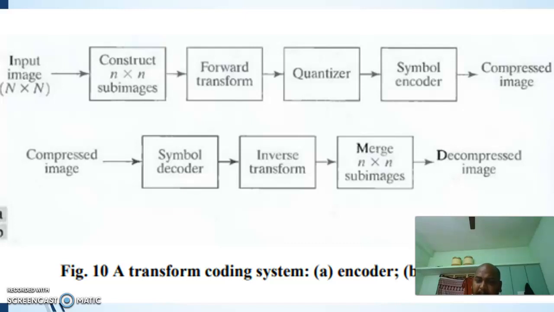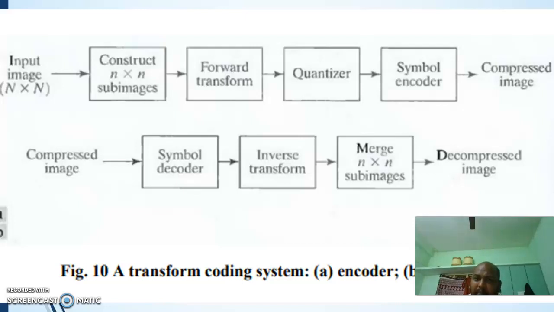Then after applying the transformation, to reduce the size of the values, we use quantization, that is truncation or rounding off. After that, the values are accommodated in a particular length of data.